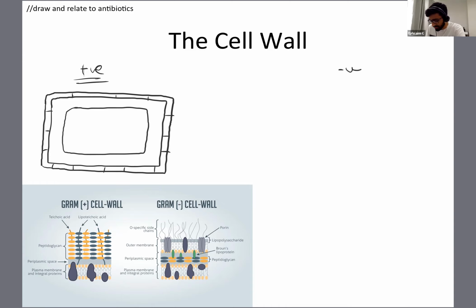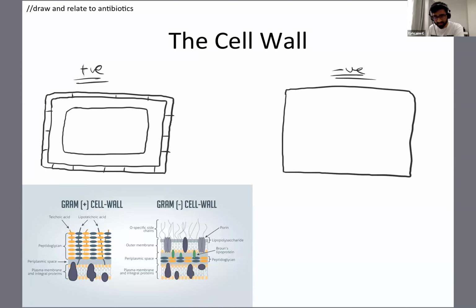The other half of all bacterial species have a different type of cell wall. This is called a gram-negative cell wall, and the structure slightly varies. Your outer cell wall is this time not a thick two-layered peptidoglycan wall. It's just a thin layer of outer lipopolysaccharide. As the name suggests, it contains some lipids, which is going to be really significant in just a while.